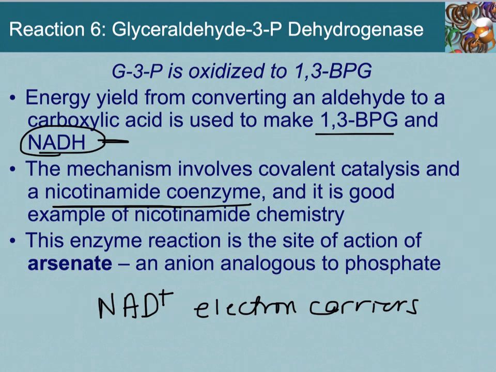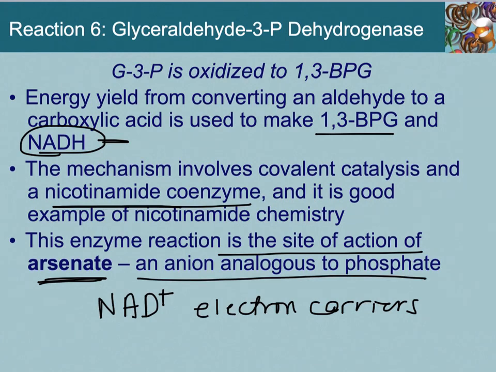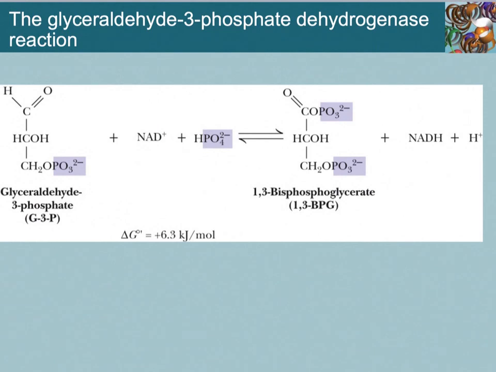Also to note, we all know that arsenic is poisonous. So this enzyme reaction is the site of action of arsenate, which is an anion that's analogous to phosphate. Just to show you the net reaction here, we have our G3P. We have a molecule of NAD+ in the enzyme pocket.